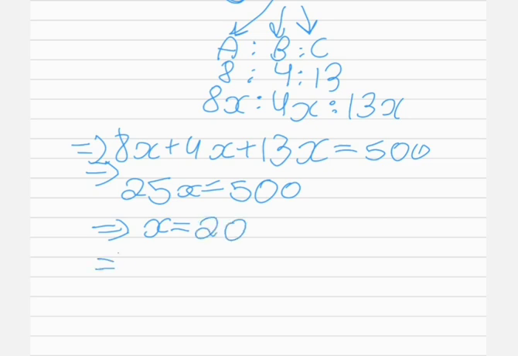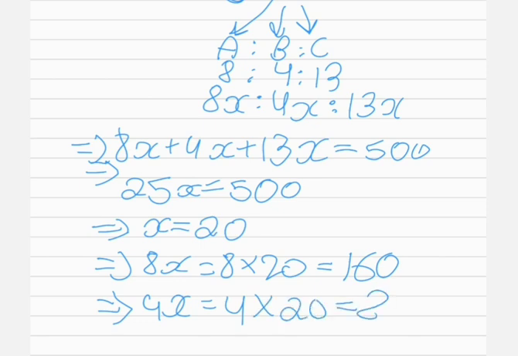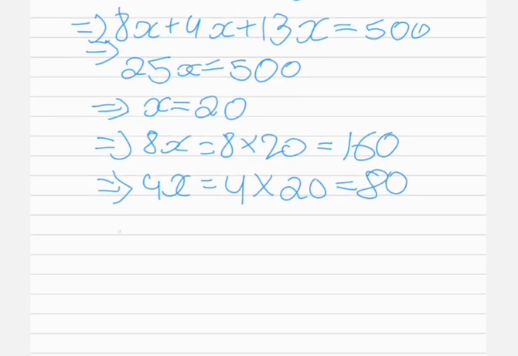So 8x is equal to 8 into 20, which is equal to 160. This is the share of A. And 4x is equal to 4 into 20, which is the share of B, which is 80. And the last, 13x, which is the share of C, is 13 into 20, which is equal to 260.